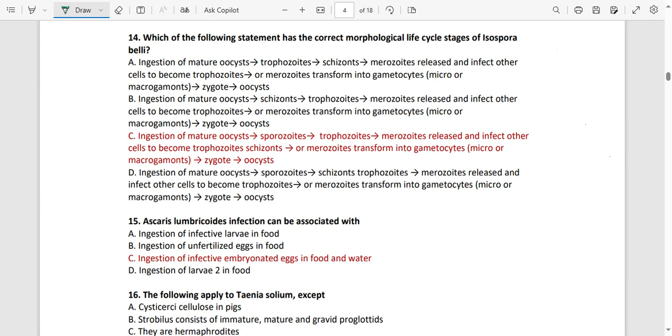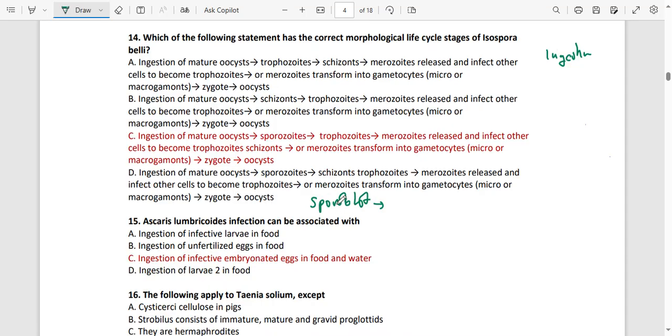But how does it happen? So number one, there's going to be ingestion of the oocyst, which contains the sporozoites. Now, again, I'm mentioning the word sporozoites. That is because, firstly, the oocyst contains what is known as one sporoblast. This sporoblast is going to divide into two sporoblasts.